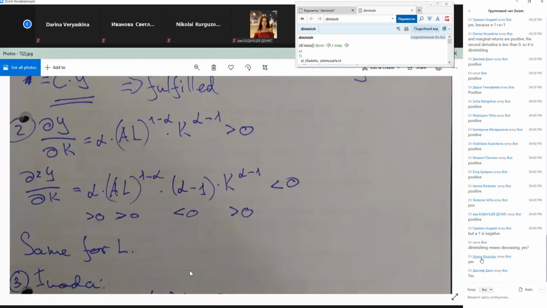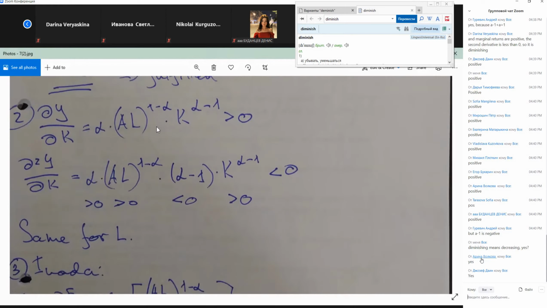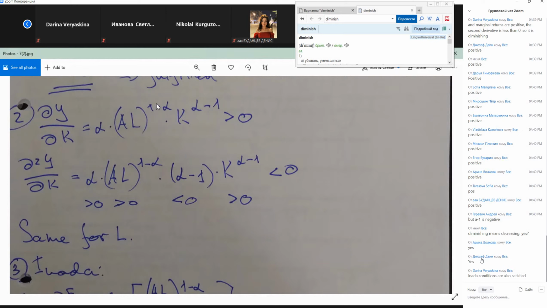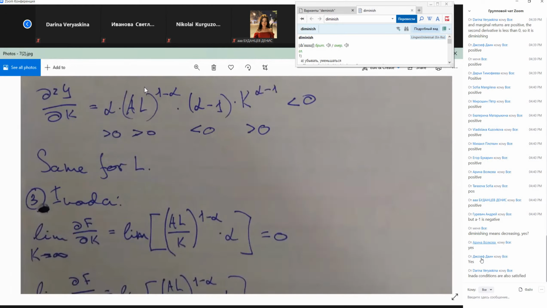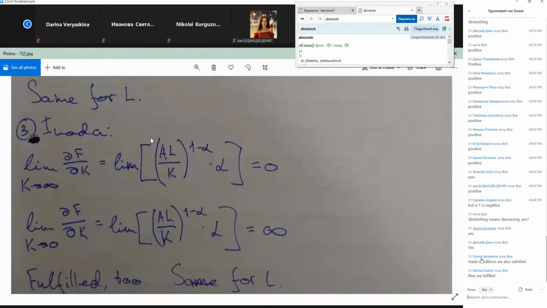To talk about the Inada conditions, we have to look at the first derivative, and we can reformulate it as a fraction, which will be easier for us: AL divided by K to the power of 1 minus alpha. We'll see what it means.